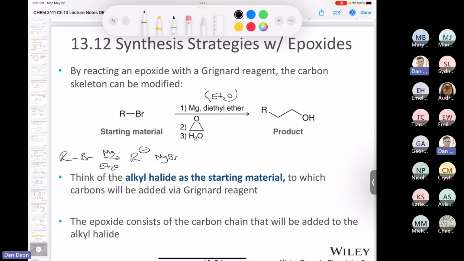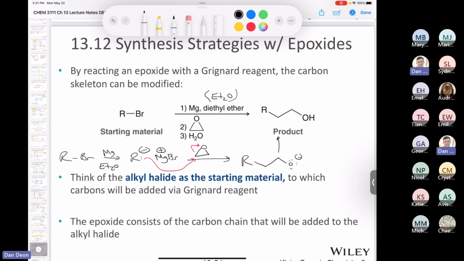So if we have a Grignard reagent like this, then in the next step, when we treat that with oxirane, that's going to do a nucleophilic attack, and we're going to open up the ring, which is going to give us R with two carbons, and then the alkoxide, and then in the very last step, we protonate it.